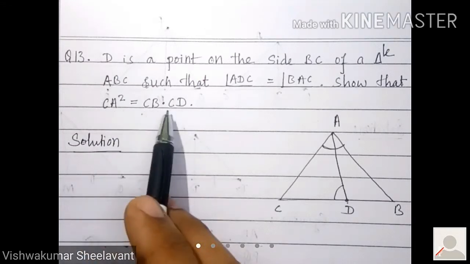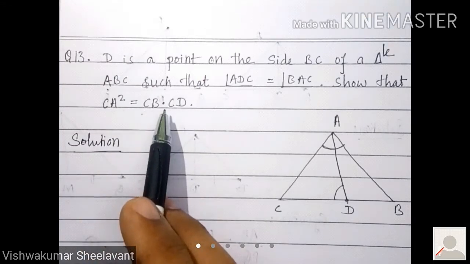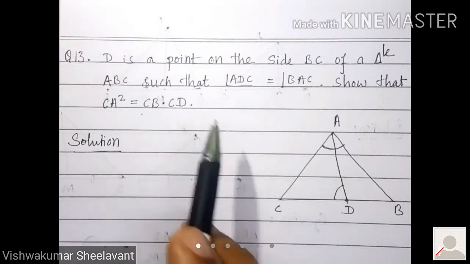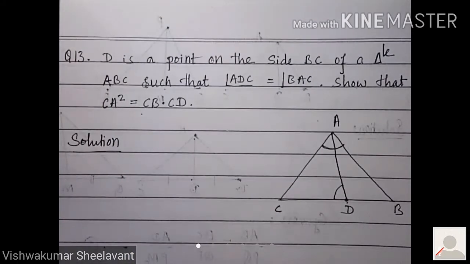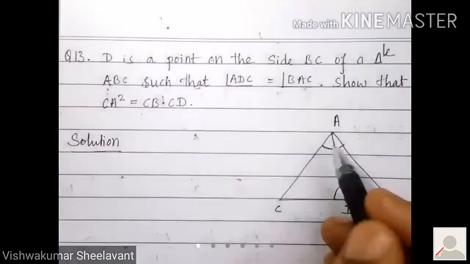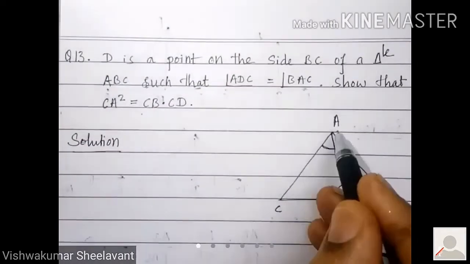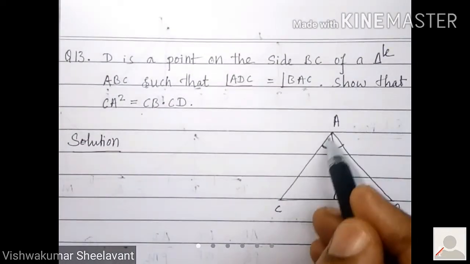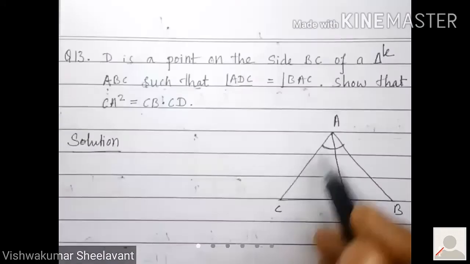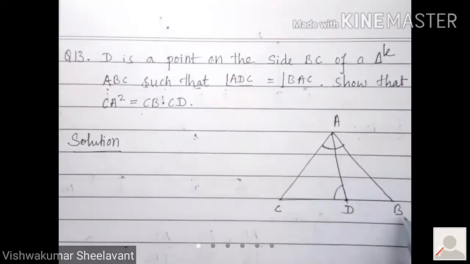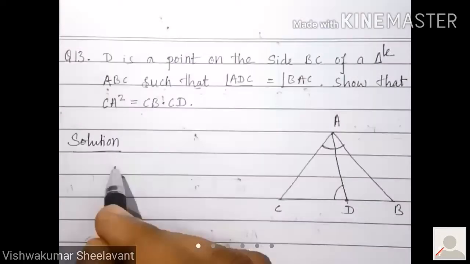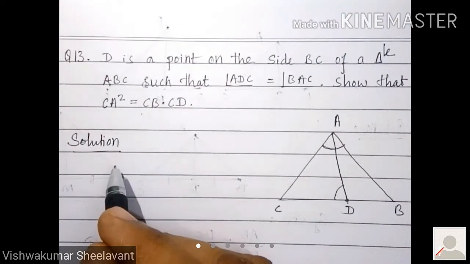CB and CD should be 2 sides of 2 triangles. We have to find out such 2 triangles here. CA common. It is common to triangle ADC and also to triangle ABC. So we have to consider triangle ABC and ADC.